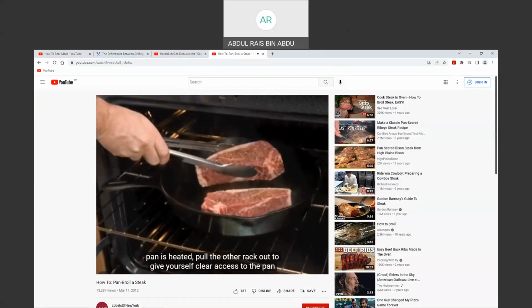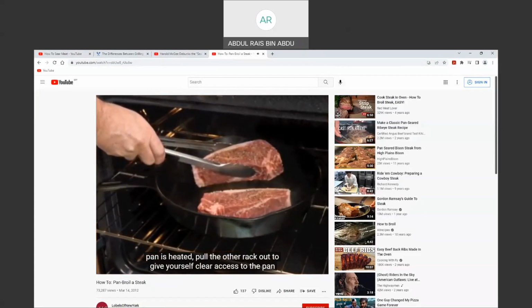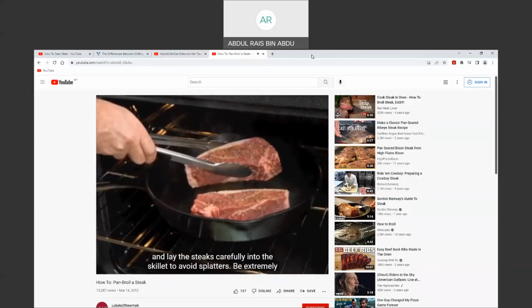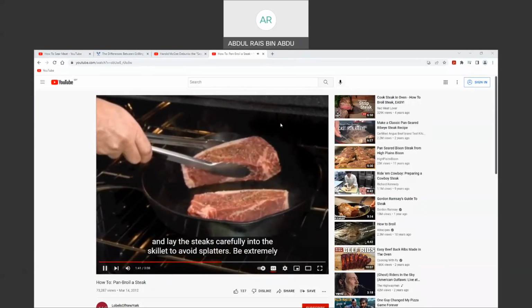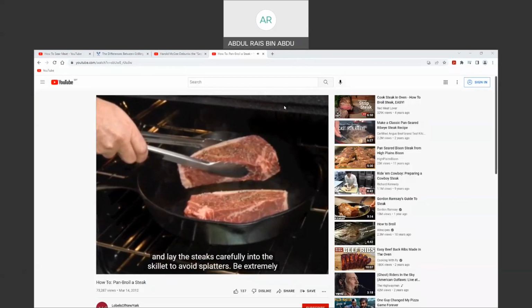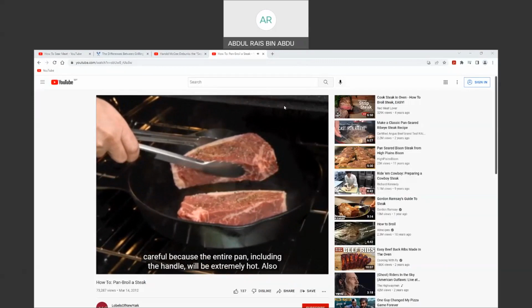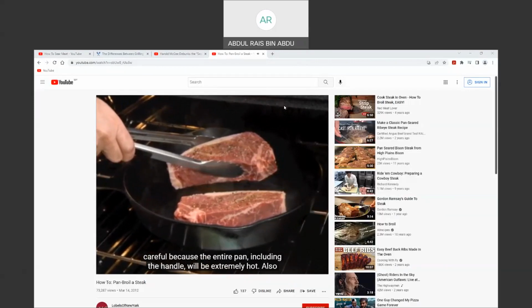When the pan is heated, pull the oven rack out to give yourself clear access to the pan and lay the steaks carefully into the skillet to avoid splatters. Be extremely careful because the entire pan, including the handle, will be extremely hot.